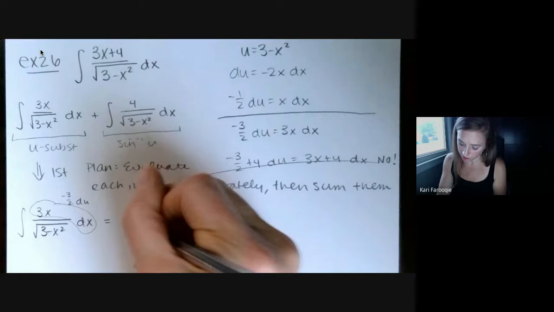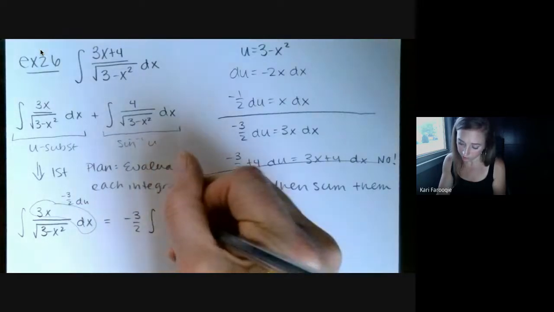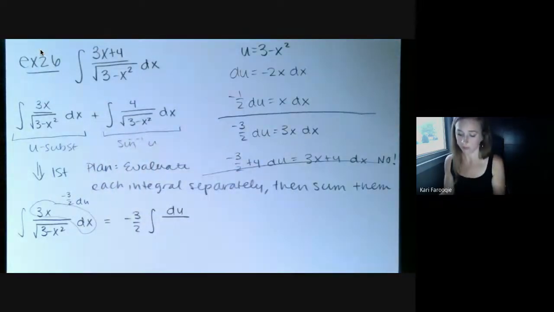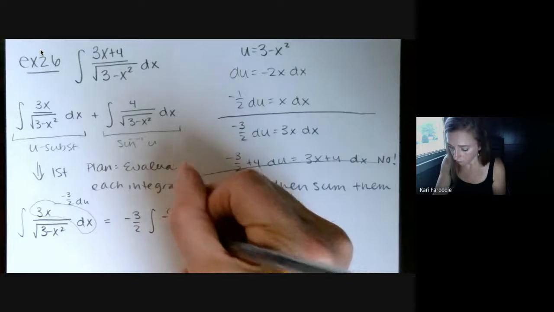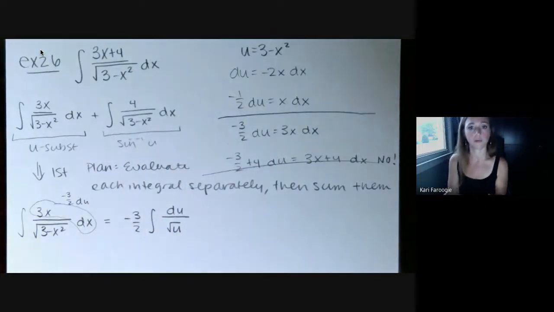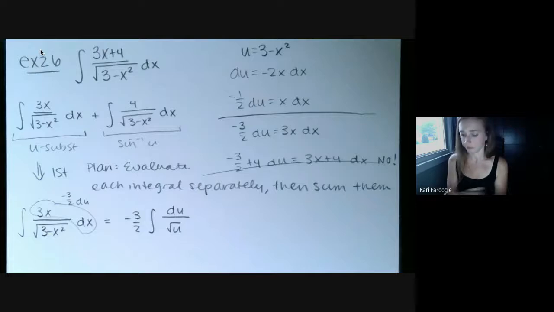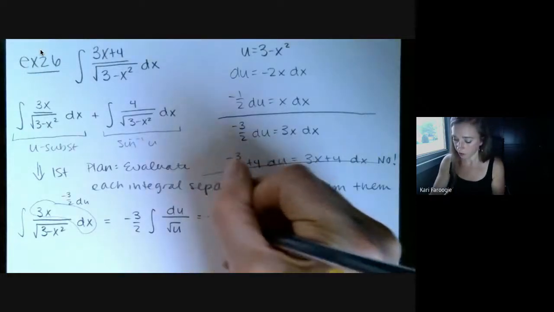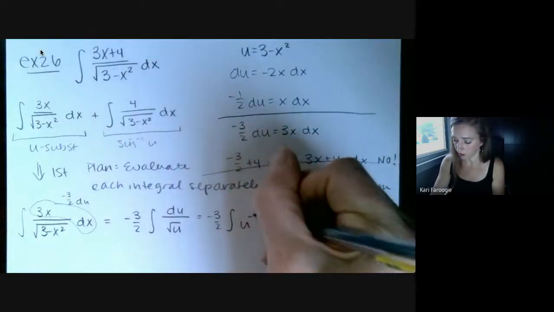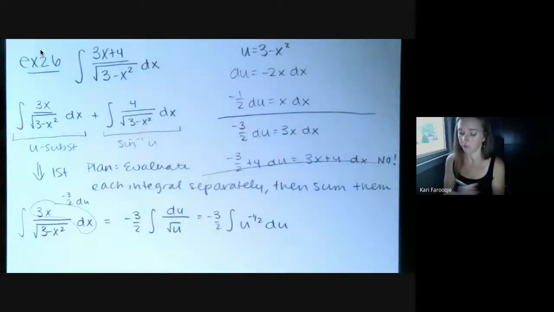I'm going to put the negative 3/2 in the front. I'm going to put the du in the numerator. And then in the denominator, we have the square root of u. And this all goes along with this u substitution that we created up here. Now, of course, if we're going to integrate this, we're going to want to rewrite it as u to the negative 1/2 du.